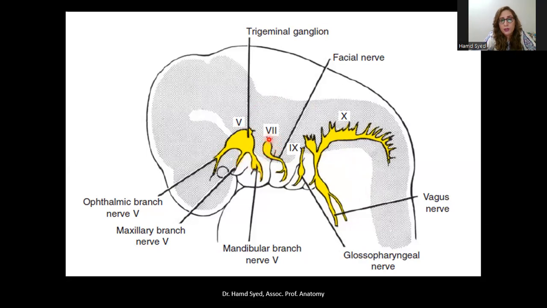Then you can see here is the facial nerve or 7th cranial nerve, and it is supplying the 2nd pharyngeal arch. The 9th cranial nerve, also known as the glossopharyngeal nerve, is supplying the 3rd pharyngeal arch, whereas the 10th cranial nerve, which is the vagus nerve, is going to supply the 4th and 6th pharyngeal arches. So these are the nerve supply of the pharyngeal arches.